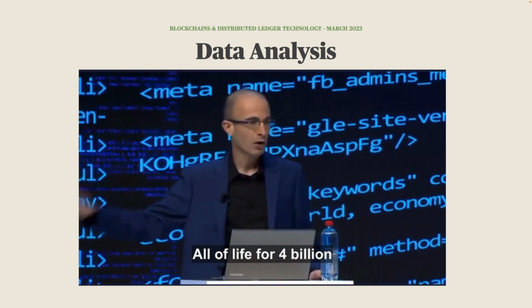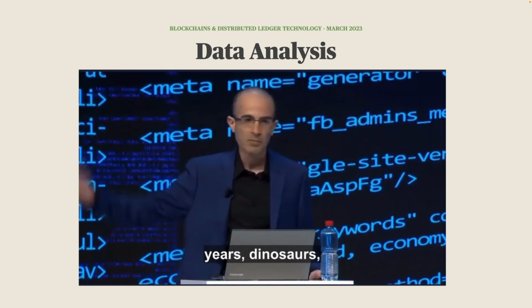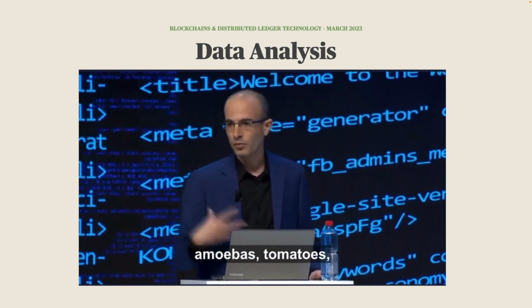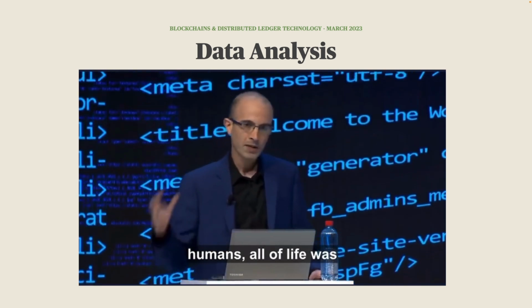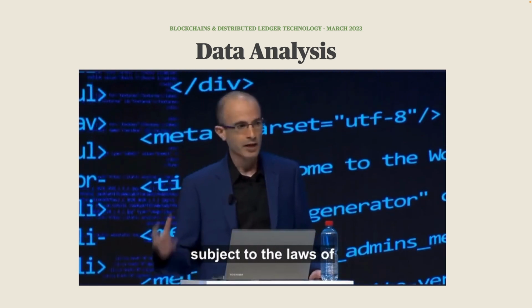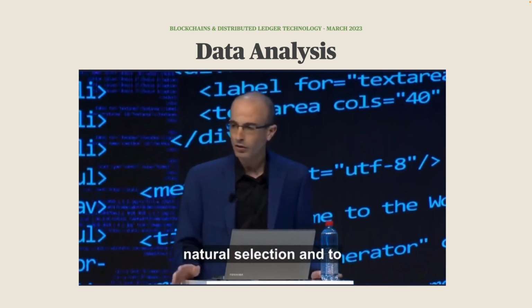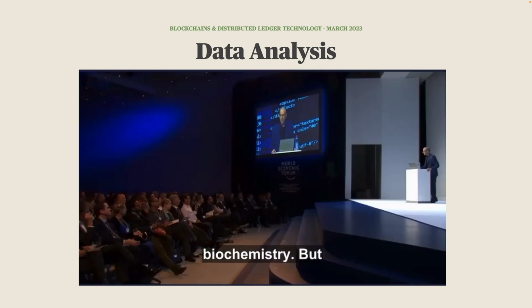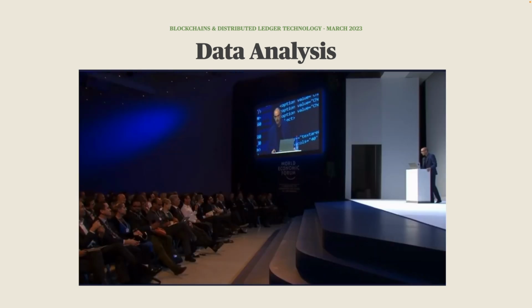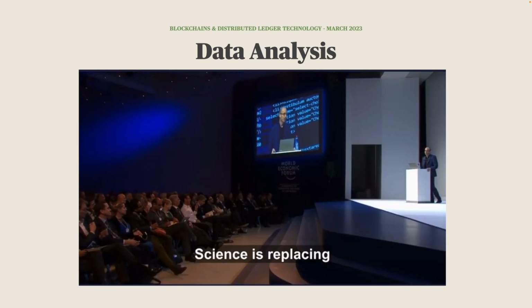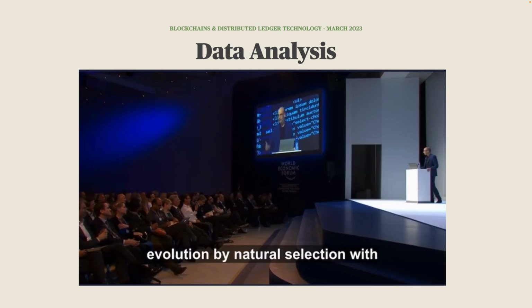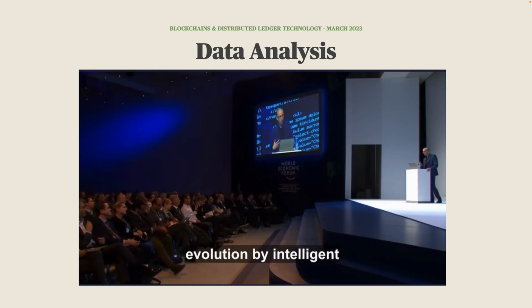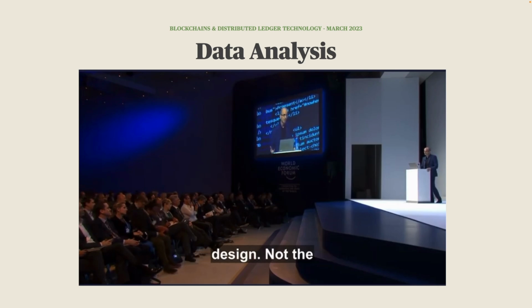All of life, for 4 billion years, dinosaurs, amoebas, tomatoes, humans, all of life was subject to the laws of natural selection and to the laws of organic biochemistry. But this is now about to change. Science is replacing evolution by natural selection with evolution by intelligent design.